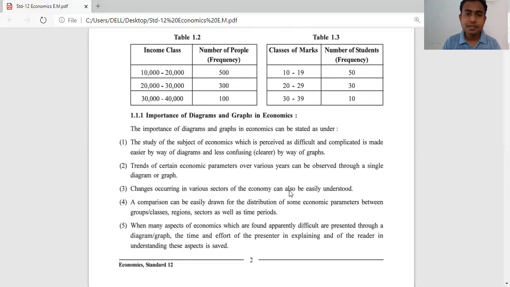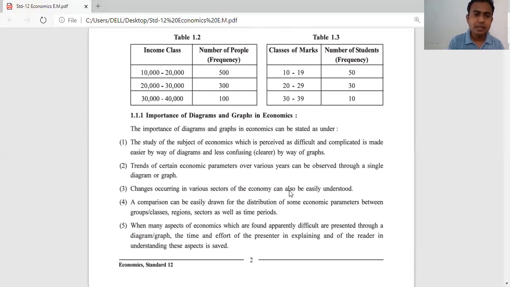But when the same information is presented through diagrams or graphs, it becomes very easy to understand and very clear. So diagrams and graphs are used to study the complicated topics in economics, because presenting the topics through diagrams and graphs makes them easy to understand.